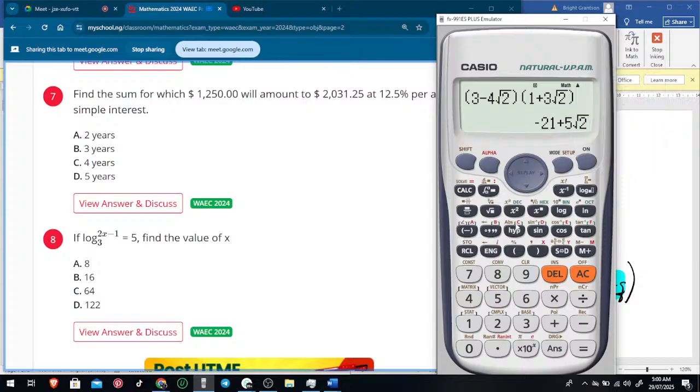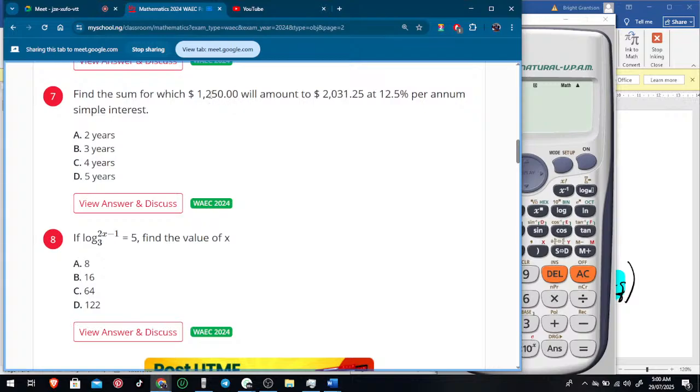Everybody punch it. 1250 times... find the sum for which this money will amount to this at 12% per annum simple interest. Do you understand the question?